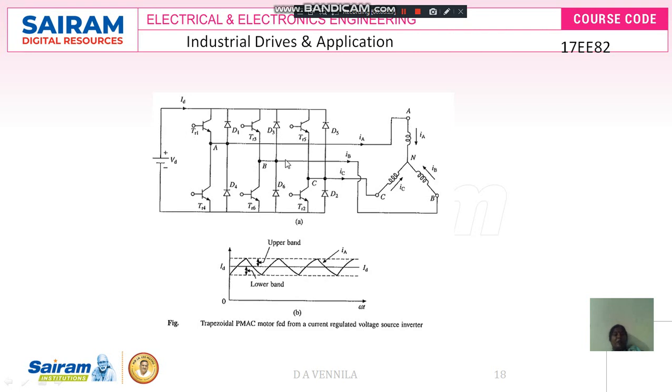First TR1 will be turned on, then TR2, TR3, TR4, TR5, and so on, sequentially turned on and off, and the current will flow within a limited range. It will not go beyond the range. The transistors are turned on and off continuously to keep the current within the limited range. Okay, so thank you students.